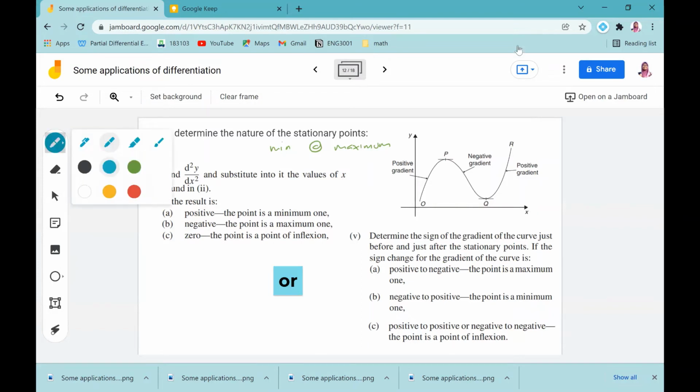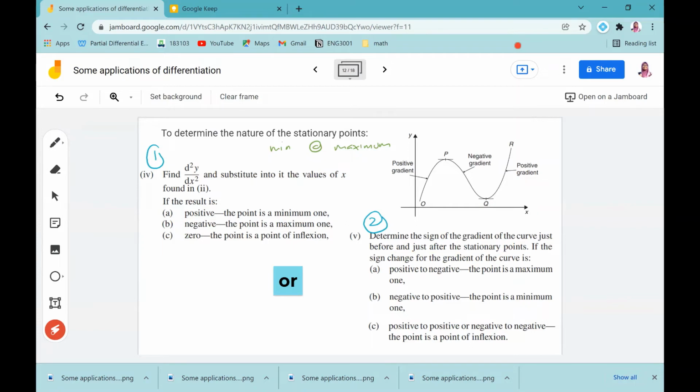The second method is we determine the sign of the gradient just before and just after the stationary point.